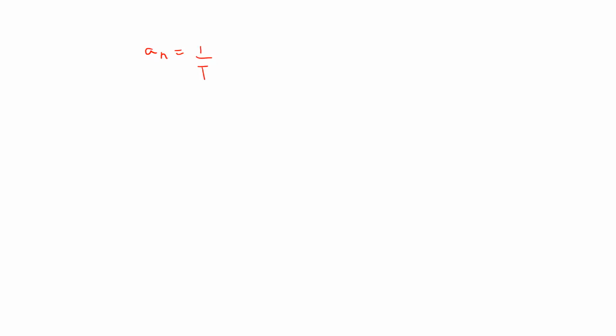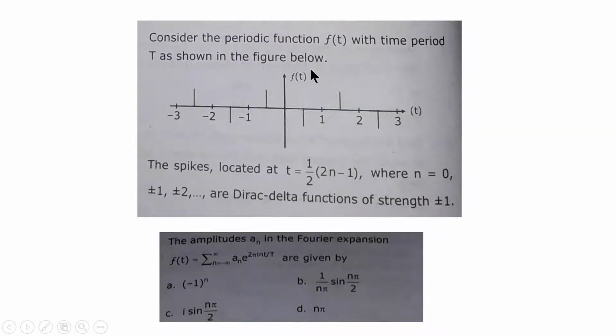So we have 1 by the time period, and now here we substitute our values. Your T, the time period, you can see the time period is nothing but 2.